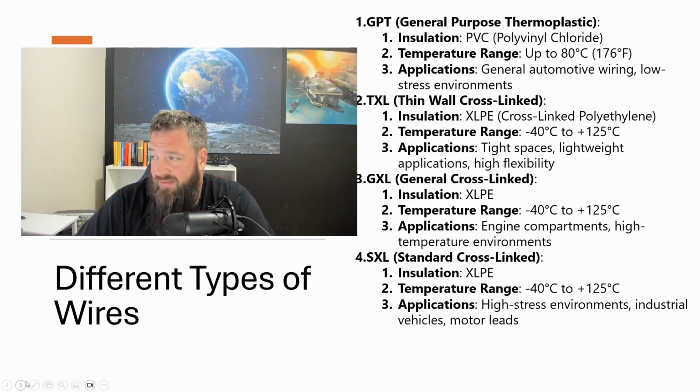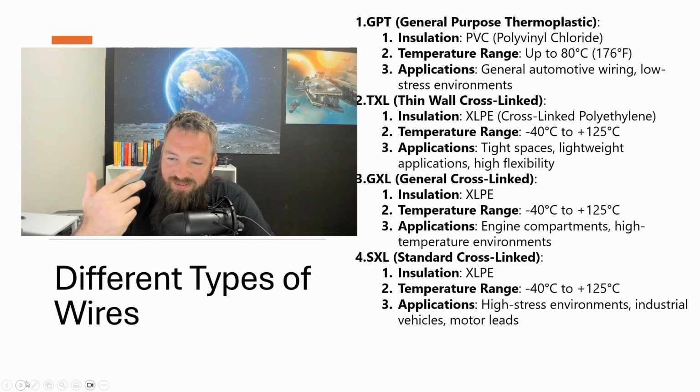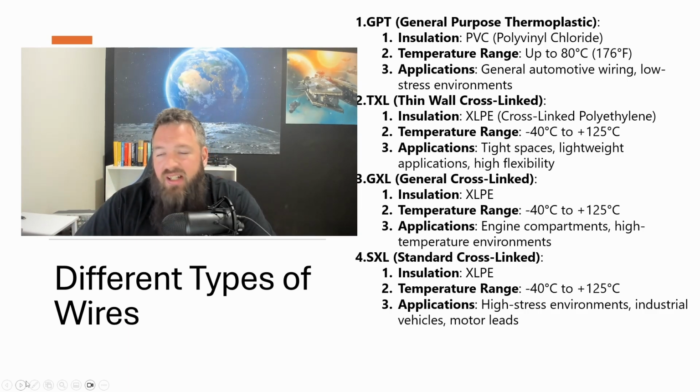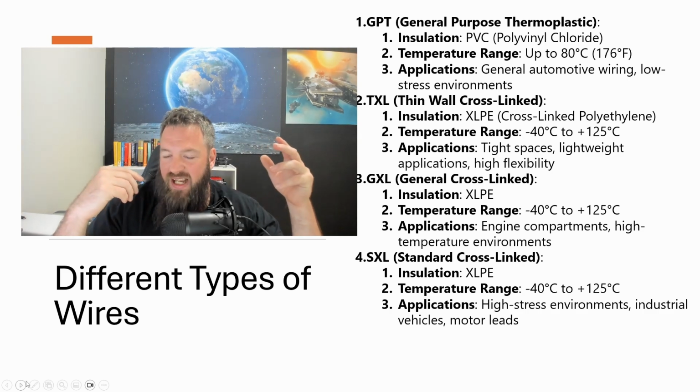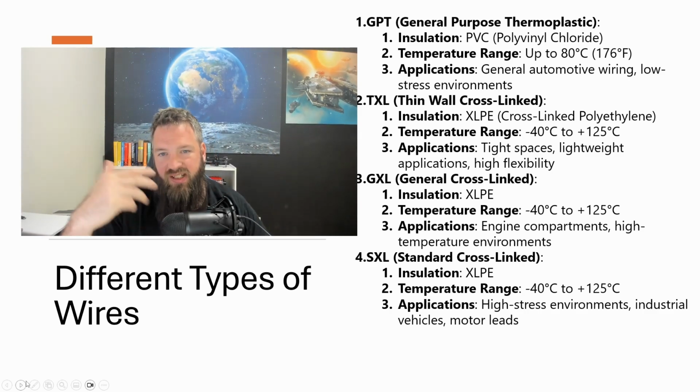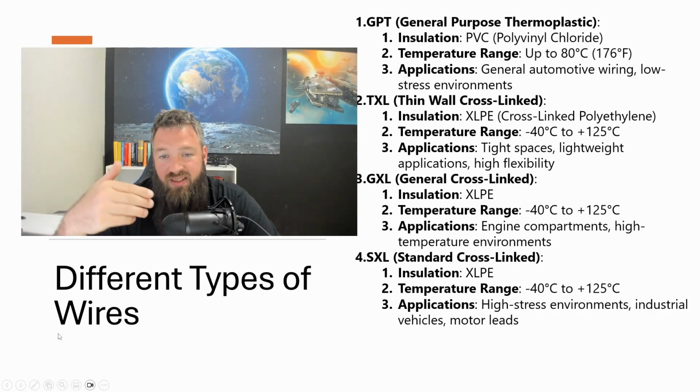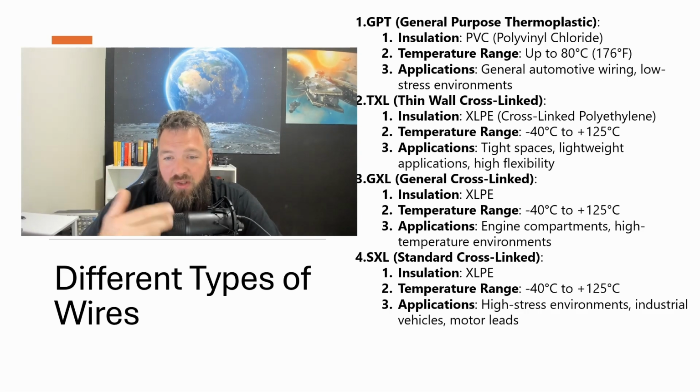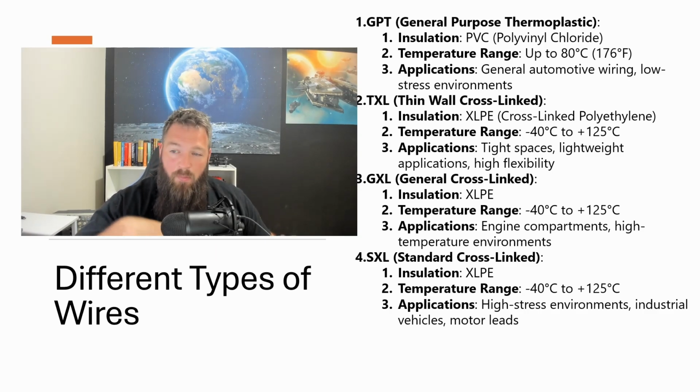And so when you look, there's different types of wires. I'm not going to list them all right here, but there's a variety of different types of wires depending on your application. For example, you have this TXL wire, which is thin wall cross-linked. It has an insulation of an XLPE polymer.